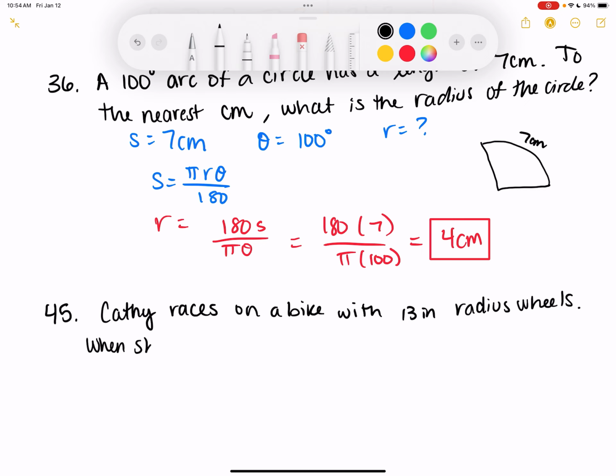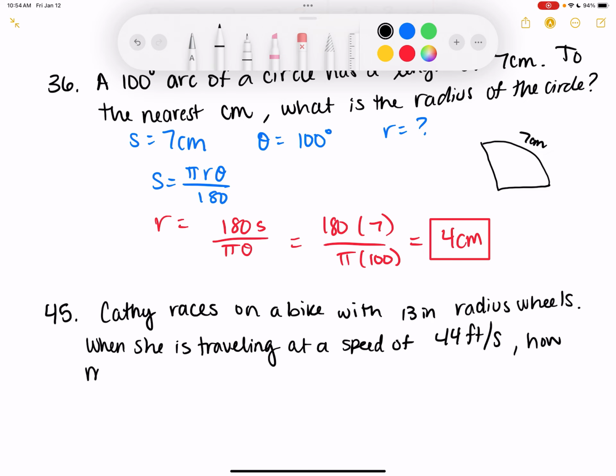When she is traveling at a speed of 44 feet per second, how many revolutions per minute are her wheels making? I'm going to take a few words out here and there.